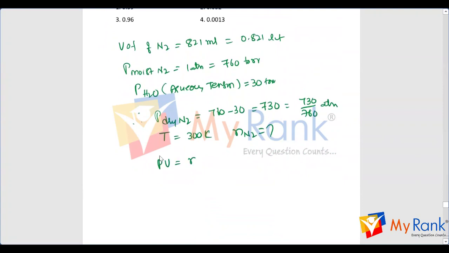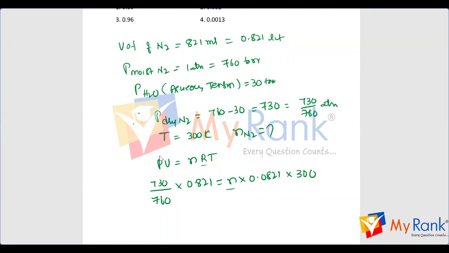PV is equal to nRT. The pressure is 730 by 760. Volume is 0.821, into number of moles, R is 0.0821, into temperature 300 Kelvin. So you have to find the n value here.